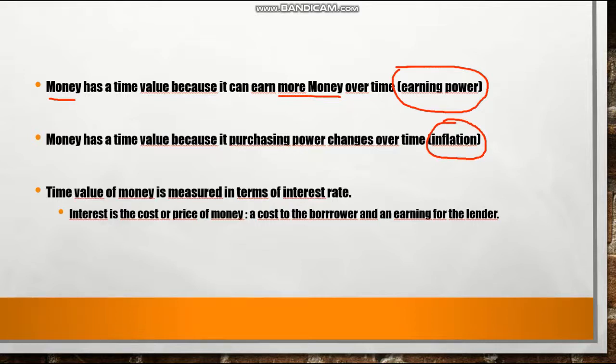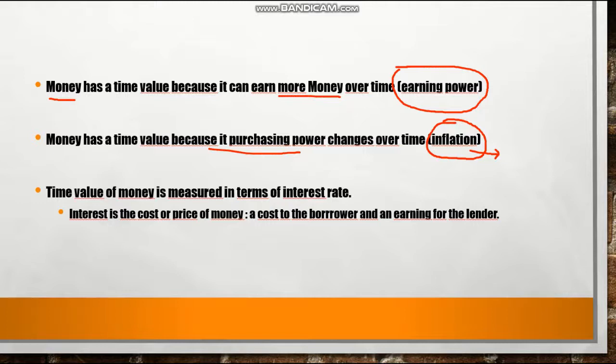But due to inflation, in 5 years, with the 10,000 Turkish lira, you will get maybe just a workstation, not the complete package, or you will just buy the monitor of the computer. So we know that money has a time value because its purchasing power changes.